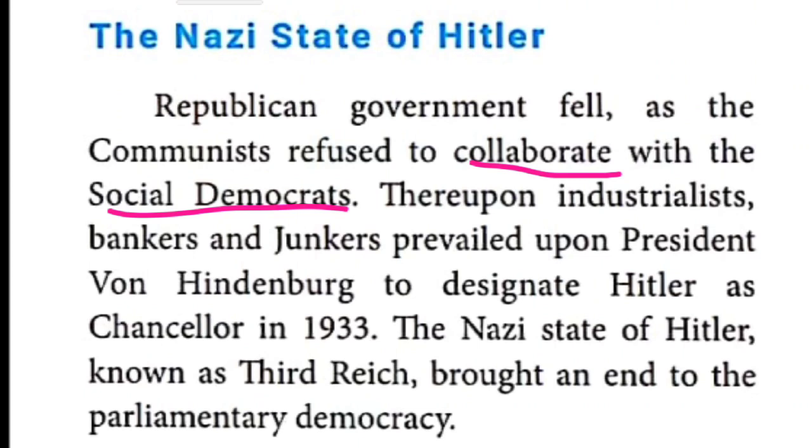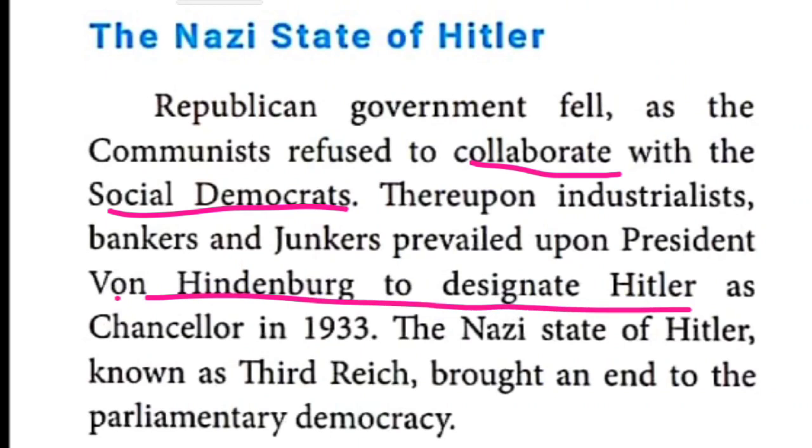That's the meaning. Thereupon, whoever supported Hitler, in the sense industrialists, the big capitalist people, the bankers and junkers. Junkers, in the sense, what is the meaning? Estate people, the owners of the estates. Those people forced the President, von Hindenburg, to designate Hitler.